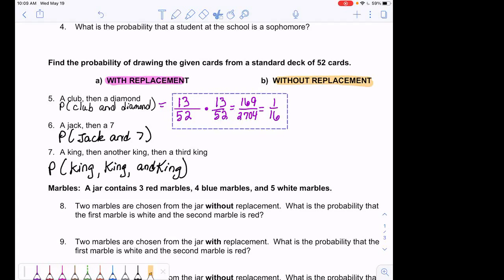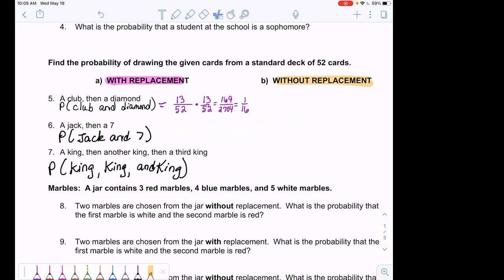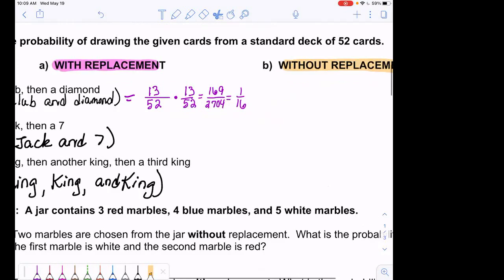All right, so this is what happens when we replace the card. We're going to do the same problem again, but you're not going to replace the card. So the probability of getting a club is still 13 out of 52. The probability of getting a diamond is 13 because there are 13 diamonds, except you didn't replace the card. So now you only have 51 cards remaining.